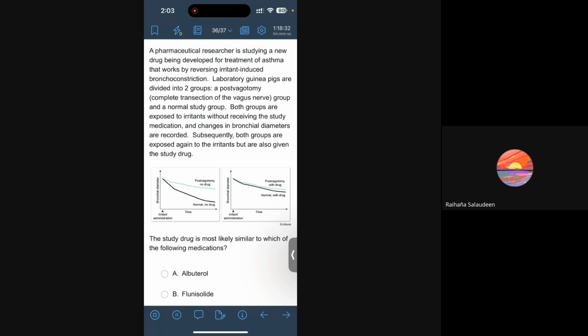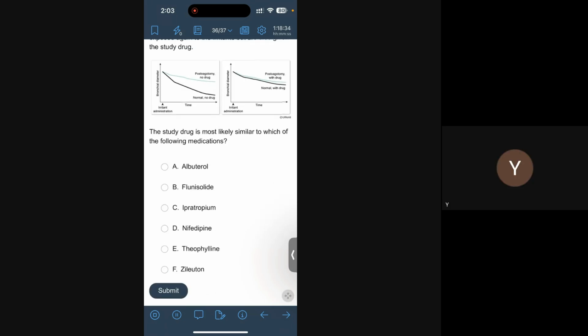So it's behaving like a vagotomy, correct? Yes, it is behaving like a vagotomy. So which drug behaves like a vagotomy? Which drug is anti-parasympathetic?